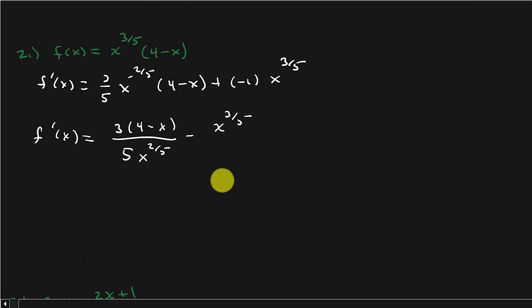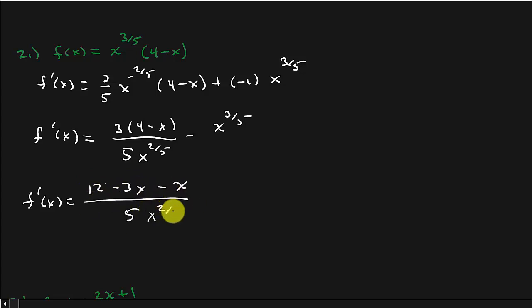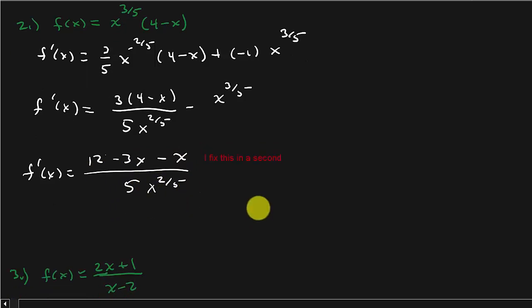I'm just trying to make sure I'm not making a stupid mistake somewhere. I'm making this video early in the morning, so if I get a common denominator, this is going to be 12 minus 3x minus x over 5x to the 2/5.